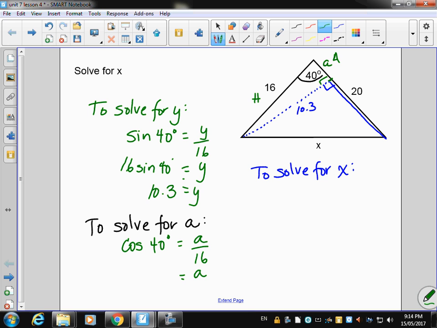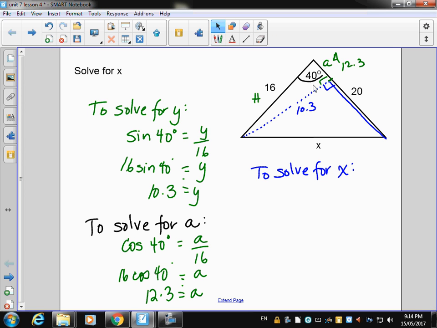So my little a is 16 cos 40, which is 12.3, longer than it looks. So if a is 12.3, then I am left with 20 subtract 12.3, which is 7.7.